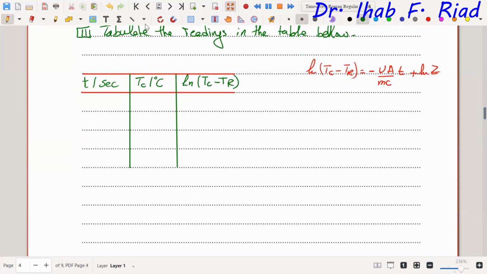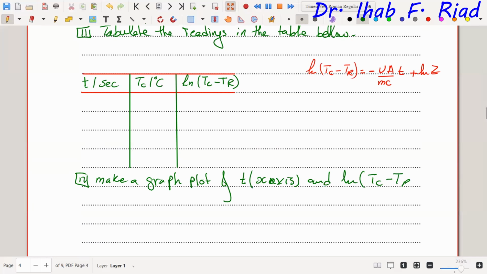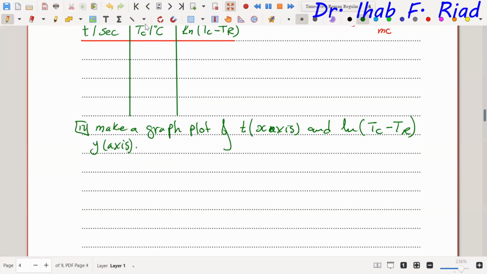Now we tell him, make a graph plot of T on the x-axis and ln TC minus TR on the y-axis. 13, calculate the gradient equal.